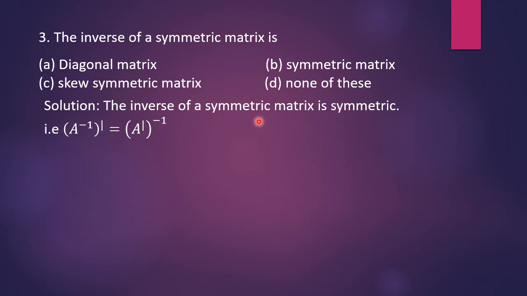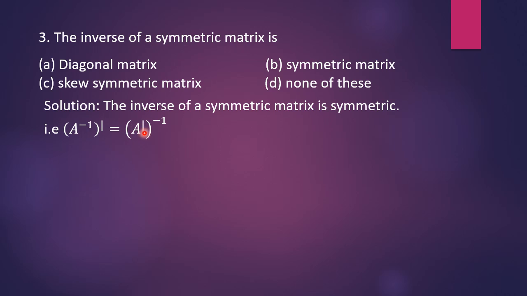The inverse of a symmetric matrix is again symmetric. That is, if you take the transpose of A inverse, using the property we can write that as (A transpose) inverse. And (A transpose) inverse is nothing but A inverse, because the given matrix is a symmetric matrix.